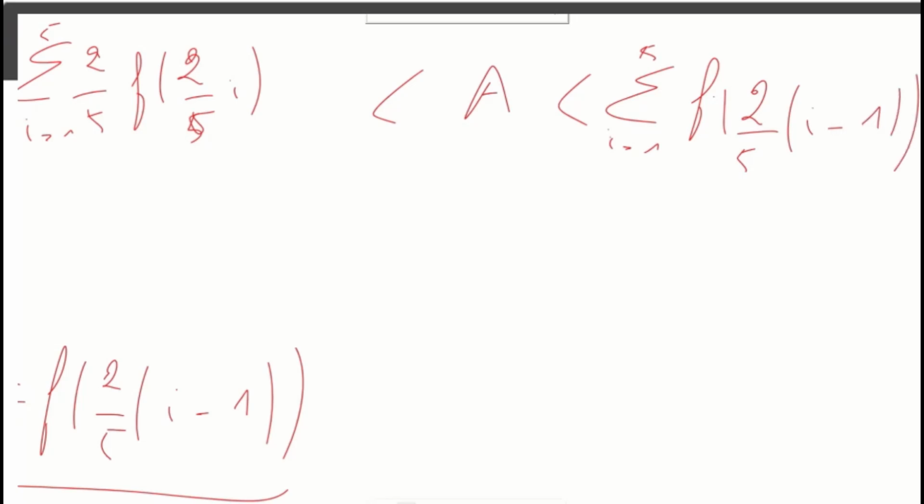Then we'll just have to solve this sum, and then estimate what A is.